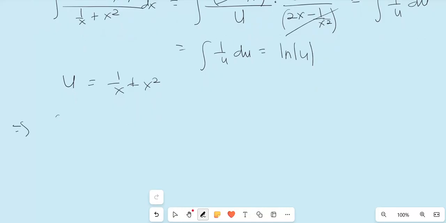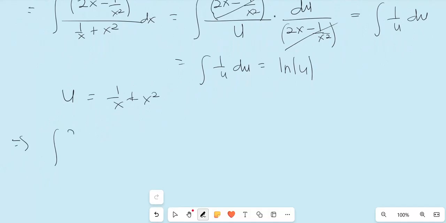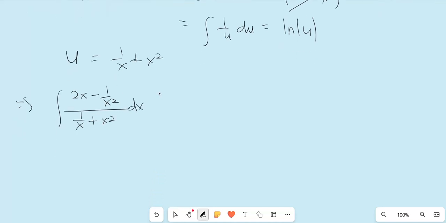So therefore the integral of 2x minus 1 over x squared all over 1 over x plus x squared dx is equal to the natural logarithm of u, and u is 1 over x plus x squared.